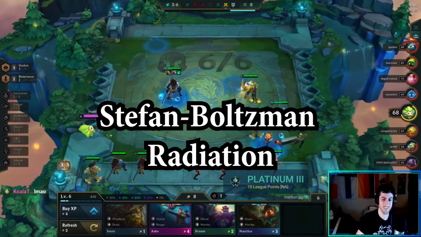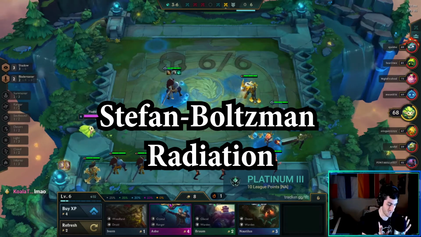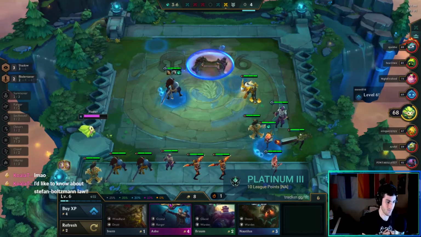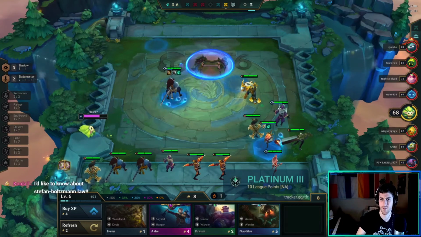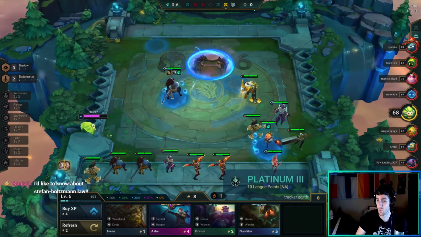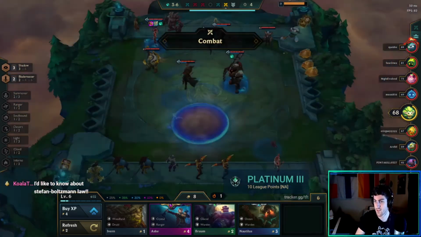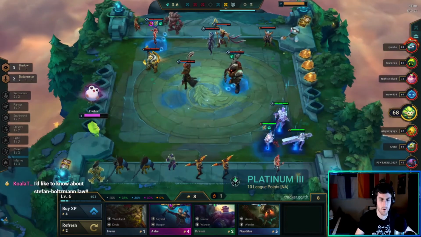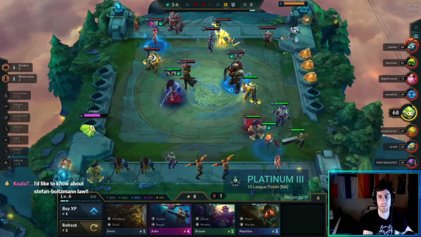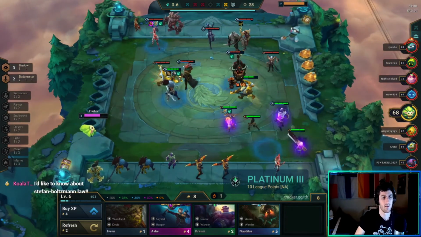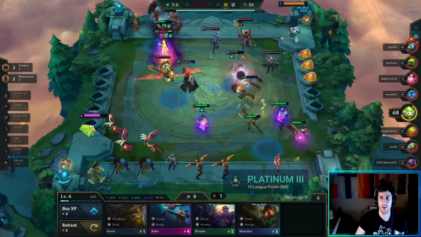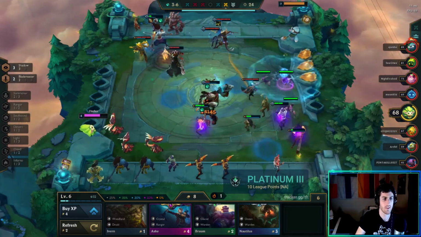Okay, so we're gonna talk about an interesting chemical fact, in the sense of, I guess we'll talk about some quantum mechanics stuff, which is really exciting. So, ooh, some Boltzmann stuff. I'd like to know about the Stefan-Boltzmann. Actually, I might know this, but I don't.